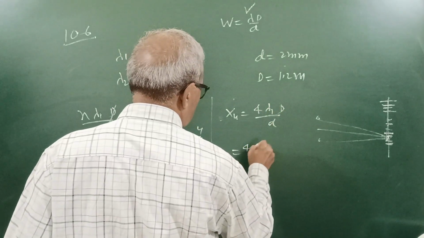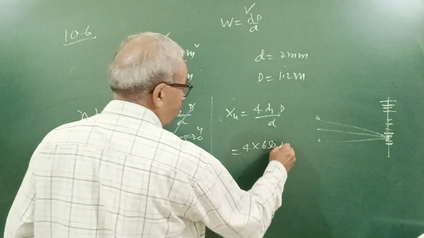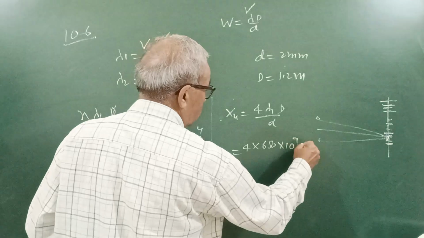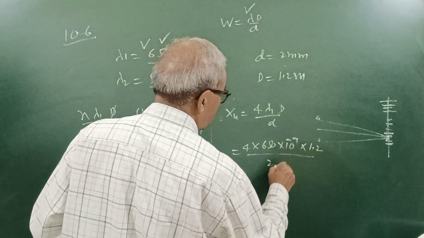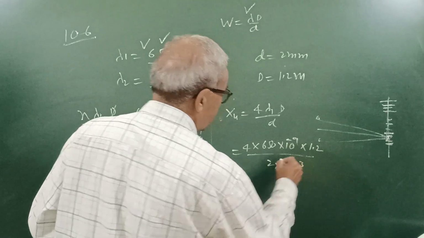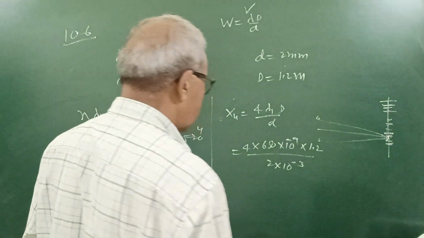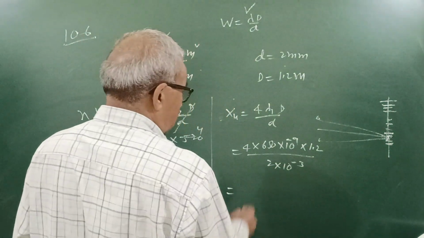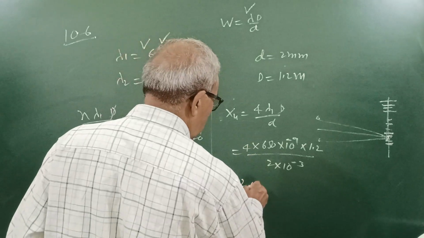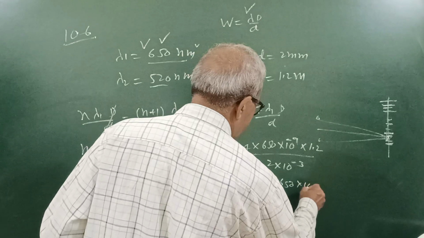तो 4 into 650 nanometer into 10 to the power minus 9 into 1.2 upon 2 into 10 to the power minus 3. And you solve it. This calculation again easy here. It is 4 2 ja, so 2 into 1.2 into 650 into 10 to the power minus 6 meter.